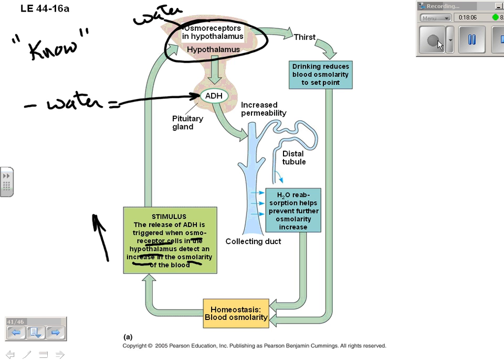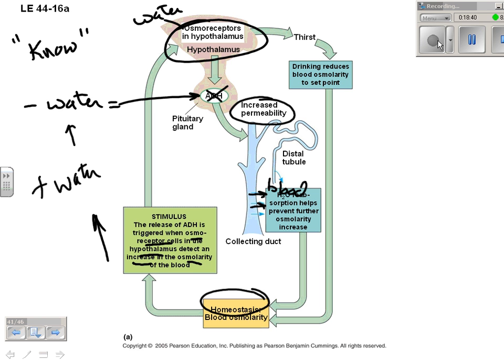Antidiuretic hormone increases the permeability of the loop of Henle and tubules to water. In other words, it's easier for water to go back into the blood. That raises the amount of water in the blood, which is homeostasis. If you have plenty of water in your blood, ADH is not released, keeping water in your urine.